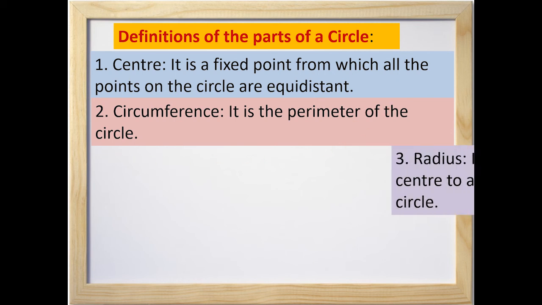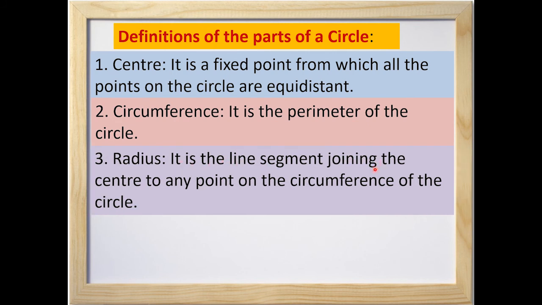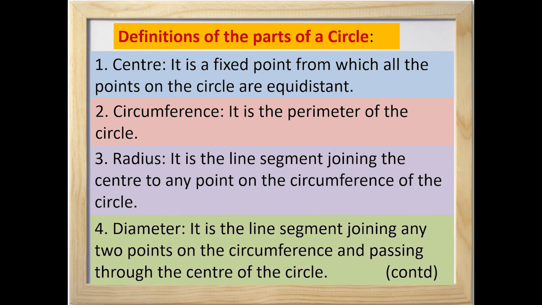The third point we have is the radius. It is the line segment joining the center to any point on the circumference of the circle. The next point is the diameter of the circle. It is the line segment joining any 2 points on the circumference and passing through the center of the circle. Did you all understand, children?